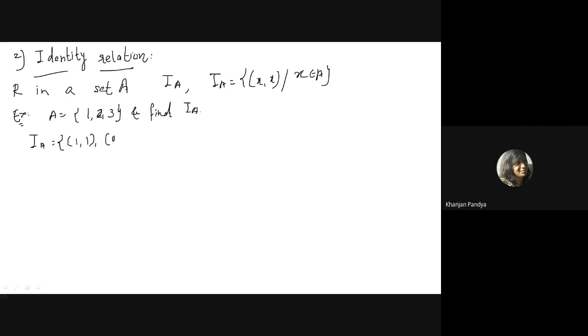If I'm having 2, then I'll be having image 2. And if I'm having 3, then I'm getting 3. So this is the identity relation. Okay.